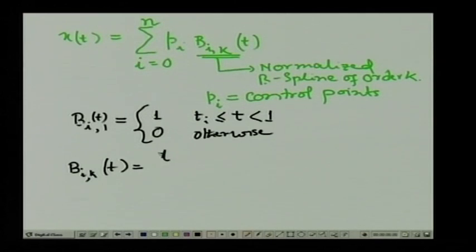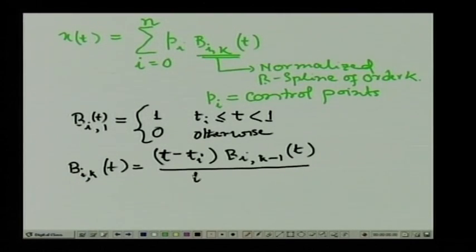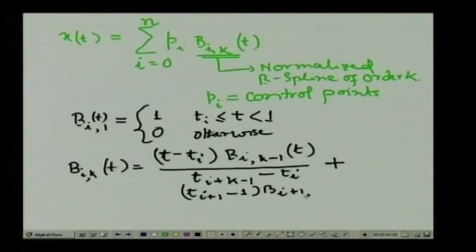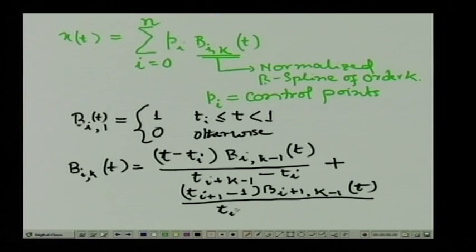So, b_i,k(t) is equal to (t minus t_i) into b_i,k-1(t) upon (t_i+k-1 minus t_i), plus (t_i+k minus t) into b_i+1,k-1(t) upon (t_i+k minus t_i+1).